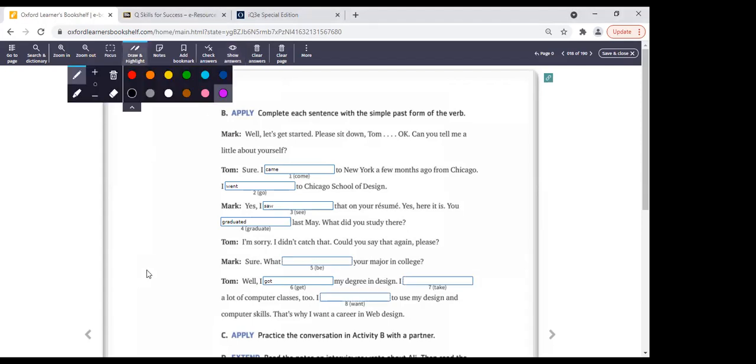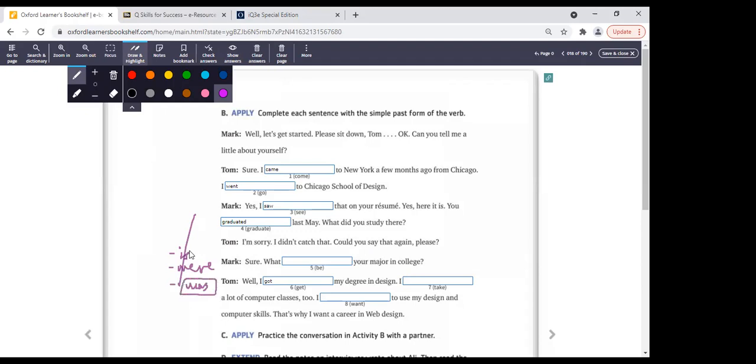Okay, so Muhammad said what is. Someone else said what were, and someone said was. I think was.